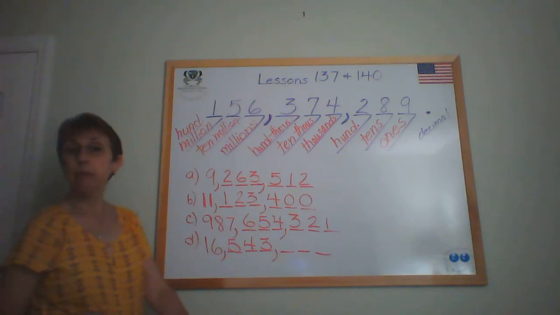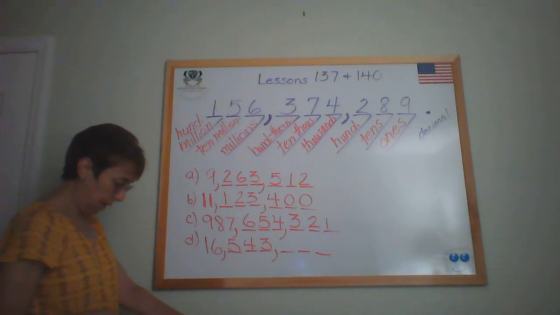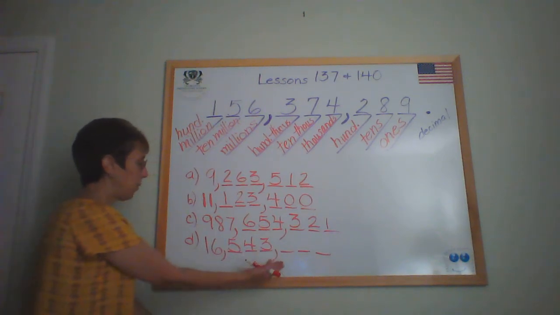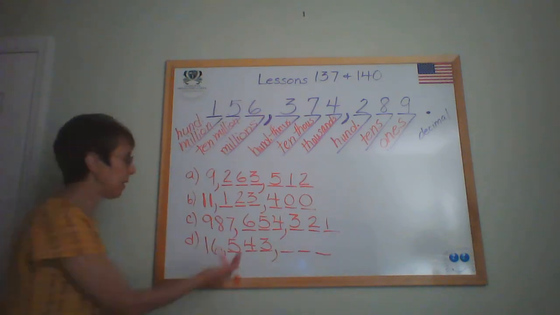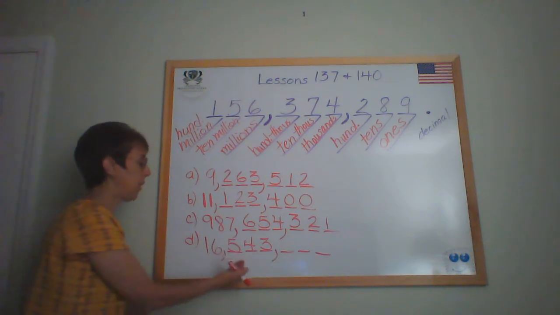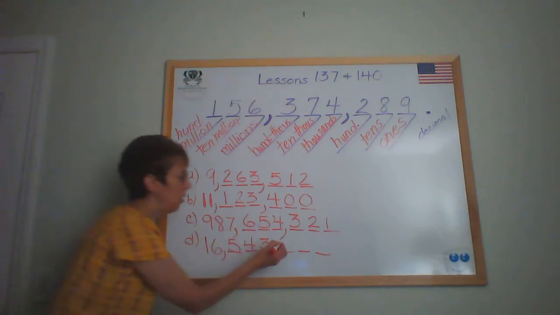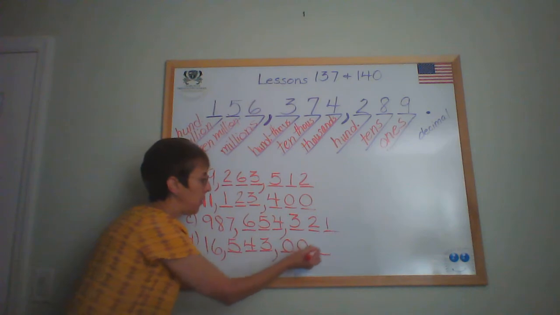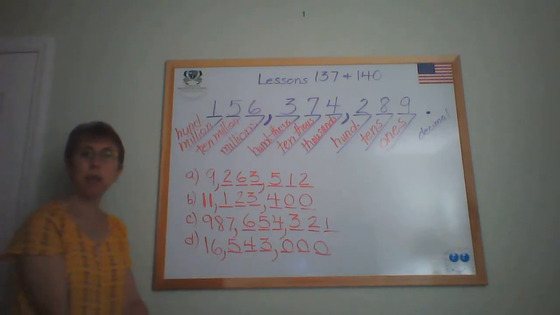And that's it. That's the end of that number. 16,543,000. So because I already had it set up for millions and my number is just 16,543, then what do you know you need to do? You have to fill these in with zeros. There you go, 16,543,000.